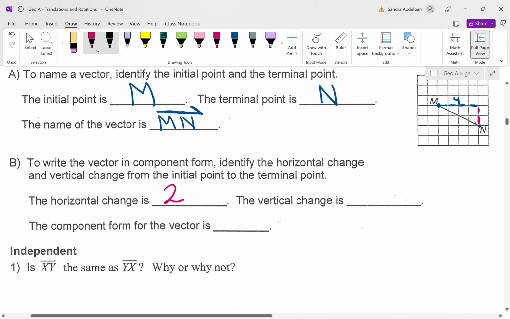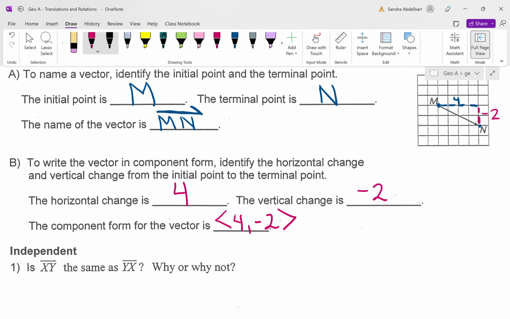Oh, sorry, I wrote 2 here. That should be 4. So now for the vertical change, did we go up 2 units or down 2 units? Down. So that's a -2. So our component form is the triangle brackets, 4, -2.